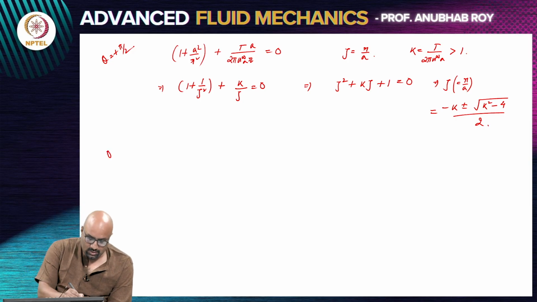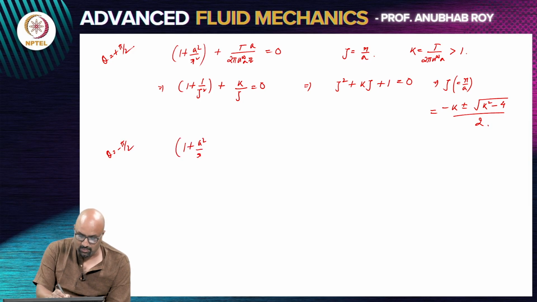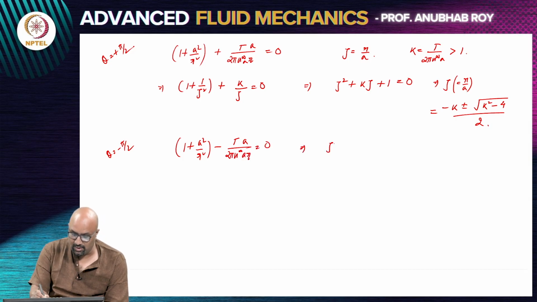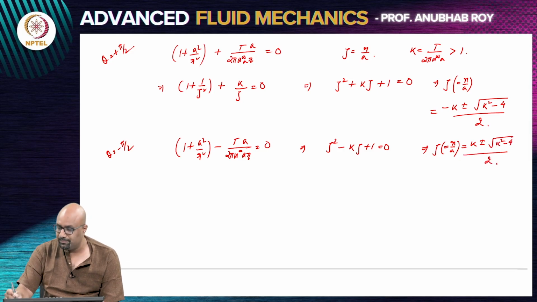And when you do theta equals minus pi by 2, you have 1 plus a square by r square minus gamma by 2 pi u infinity a r is equal to 0, which gives me now an equation which is zeta square minus k zeta plus 1 is equal to 0. So, zeta is equal to r by a, which is now k plus or minus square root of k square minus 4, by 2.